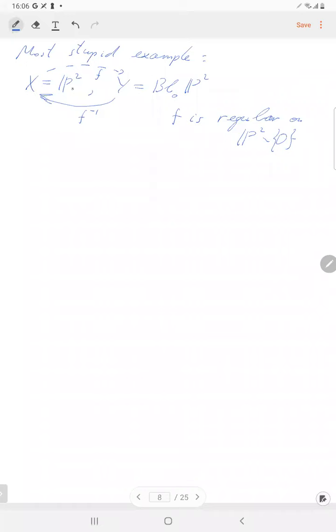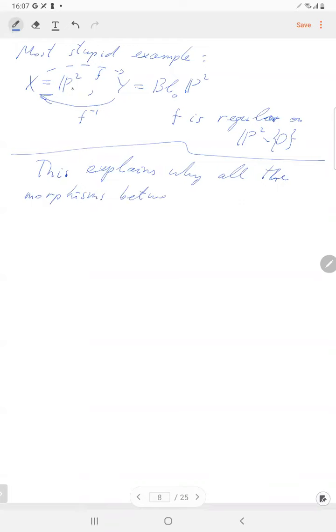Спасибо. Welcome. And so let me just say another truism. So this explains why all the morphisms between... В проективном пространстве разве входит точка 0?